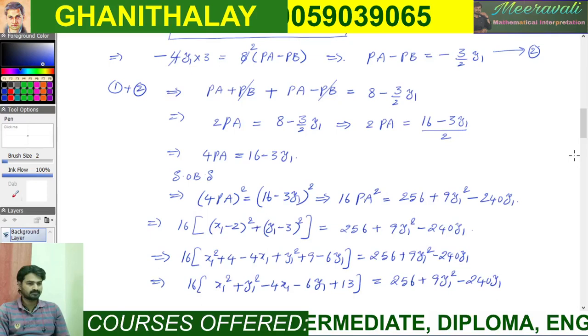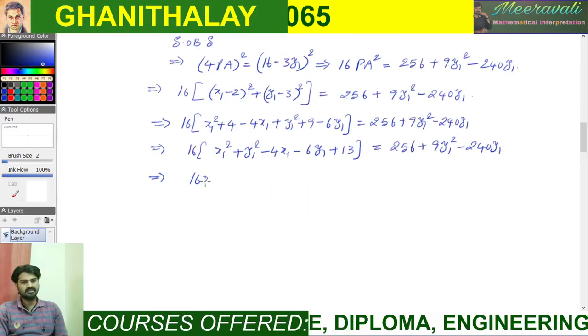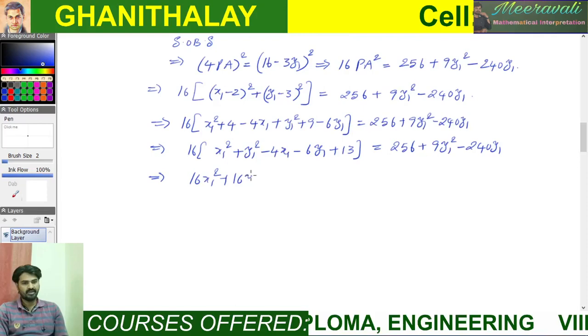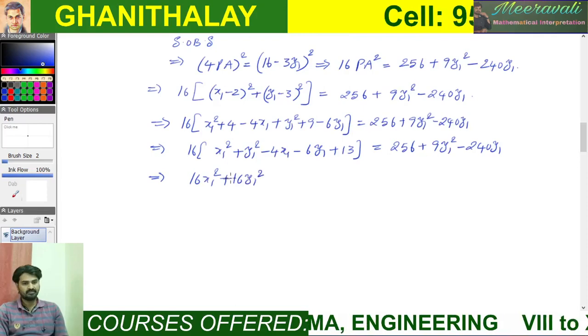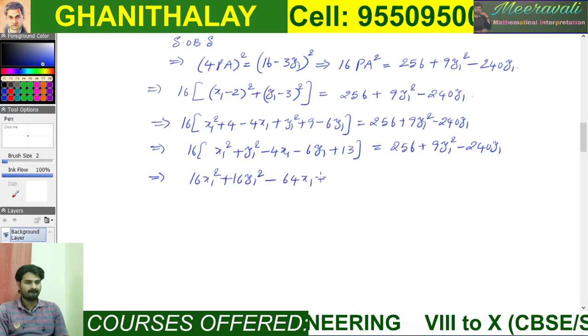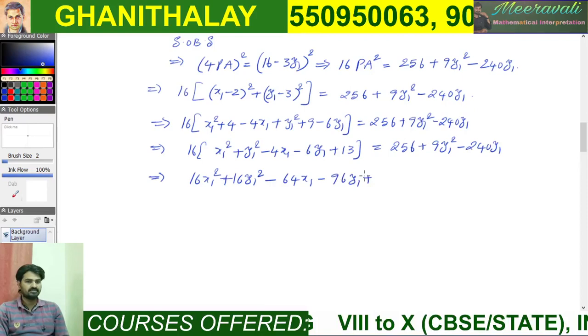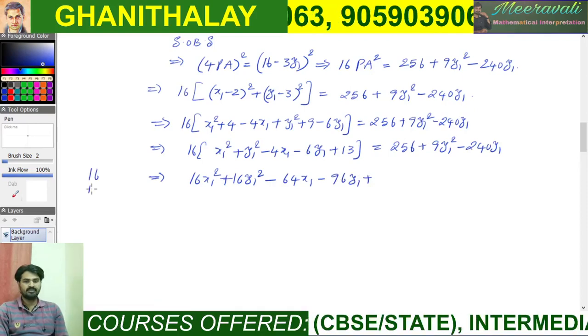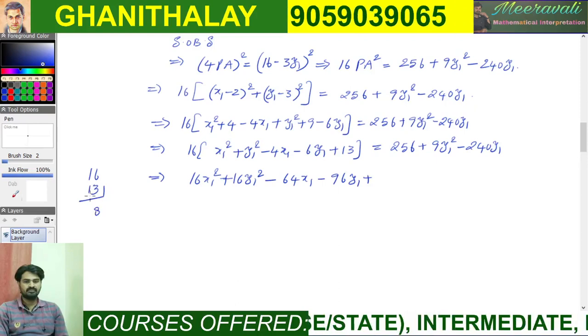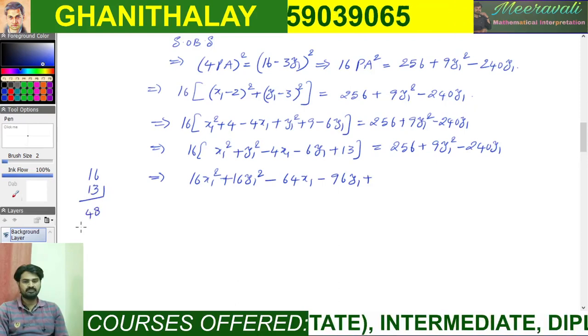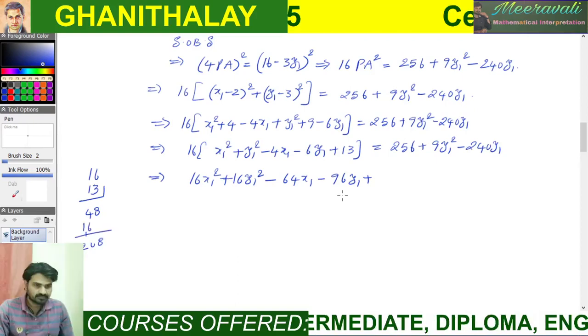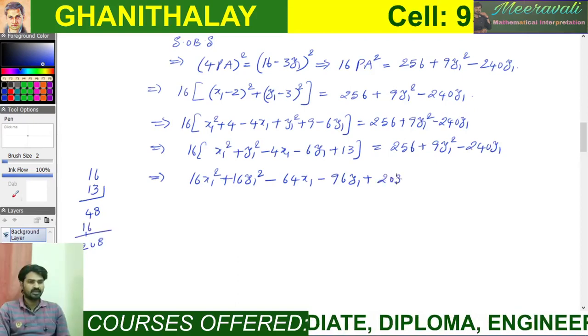Now multiplying by 16 on the left hand side: 16x1 square plus 16y1 square minus 16 4s are 64x1, 16 6s are 96y1, 16 13s are 208. So here you get 208.